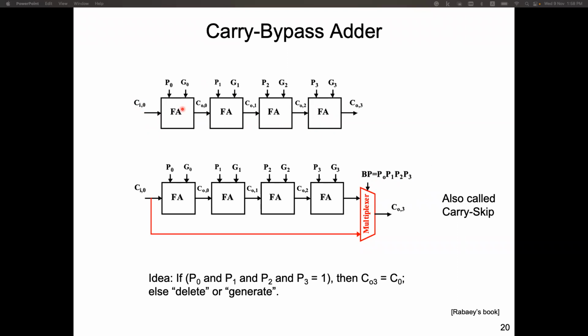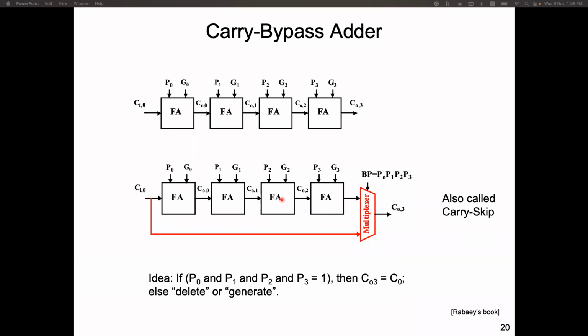Worst case occurs when P0, P1, P2, P3 are all high. So now we create a multiplexer. This multiplexer is controlled by P0, P1, P2, P3. If they are all high, then we just bypass the carry in to the carry out directly without going through these internal full adders.